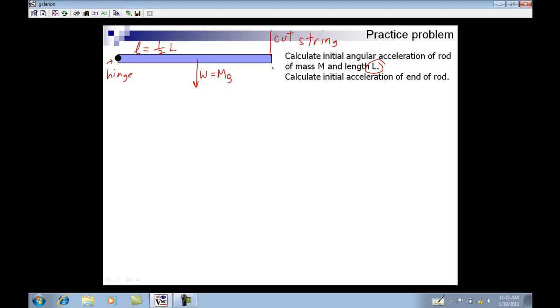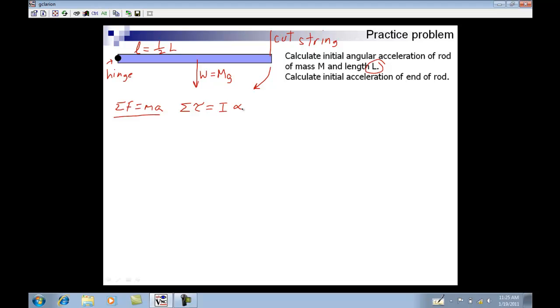So this object's going to go like that. We go back to the same thing we've been doing before: the sum of our forces equaling the mass times acceleration, which we actually will find that we're not going to need, but we still need to write it down anyway. And also the sum of our torques. In this case, it's not going to equal 0. It's got to equal I alpha.